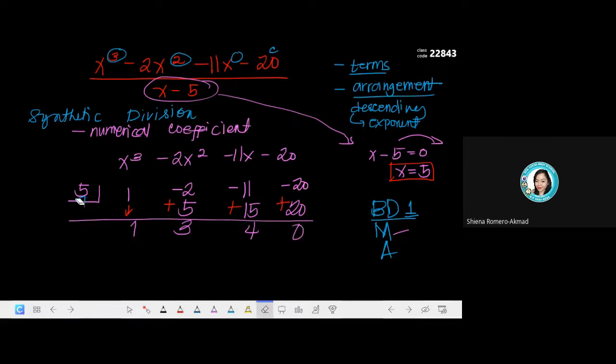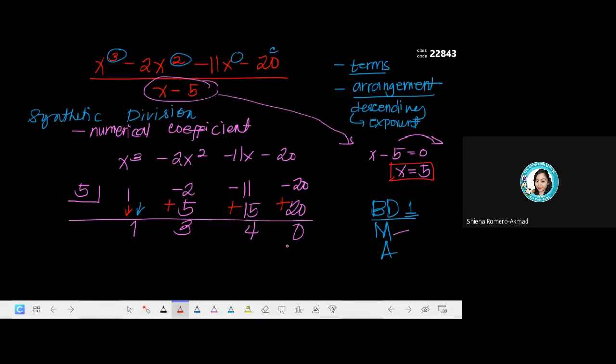So, ganun lang ulit. I-review ko. Yung ginawa natin, bring down. Then, nag-multiply tayo. Tapos, nilagay natin dito. And then, we add. Multiply, lagay dito, add. Multiply, lagay dito, add. So, ganun lang kadali. And you have now the answer. So, ano yung answer natin? 1, 3, 4, 0.